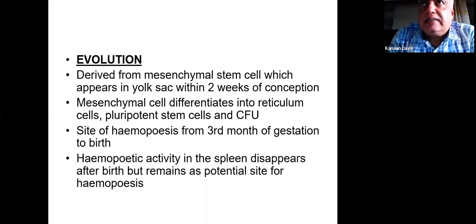In these conditions, some of which I will be mentioning, the splenic enlargement is because the spleen becomes a site of hemopoiesis and enlarges. So we have that at the back of our mind, that under certain situations, the spleen can revert to its function of hematopoiesis after birth.